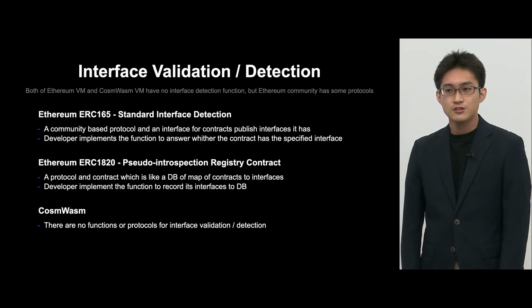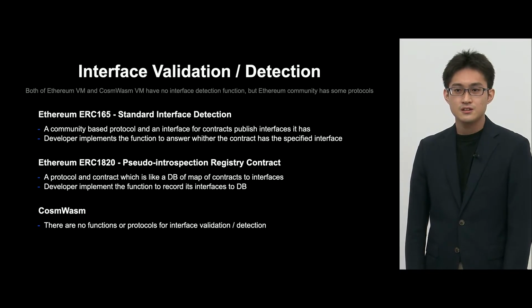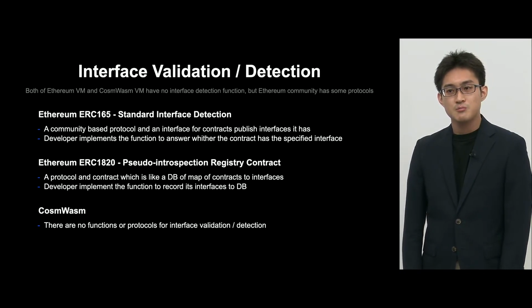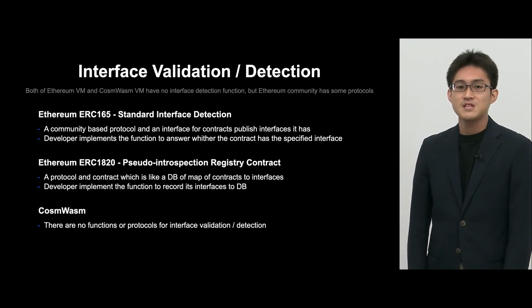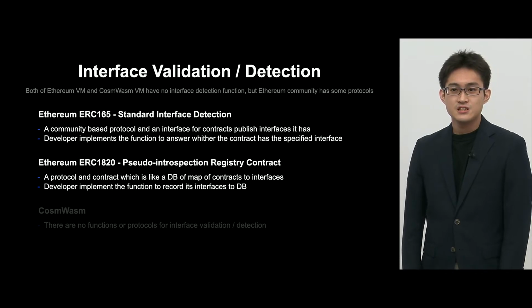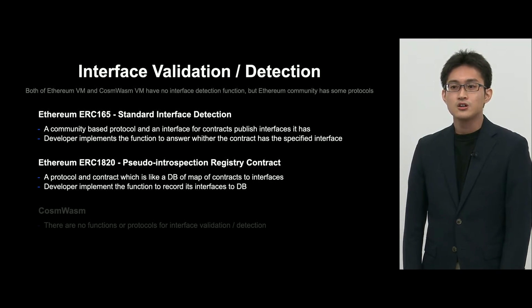Finally, interface validation and detection function. Both chains do not have a function as a chain in interface validation, but in Ethereum, the RFC of the Ethereum version, that is the ERC, is the standard protocol for this function.